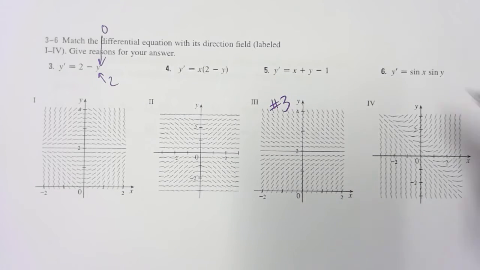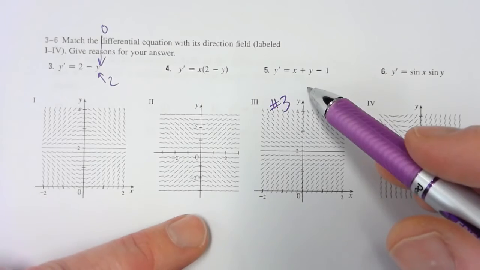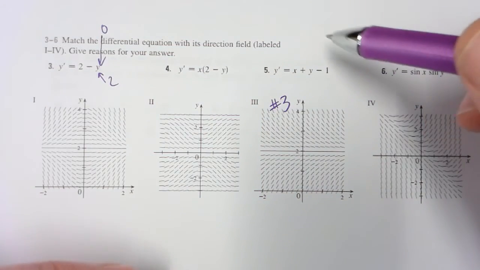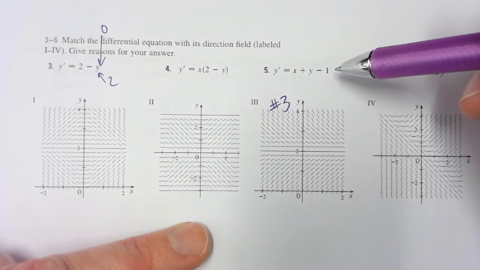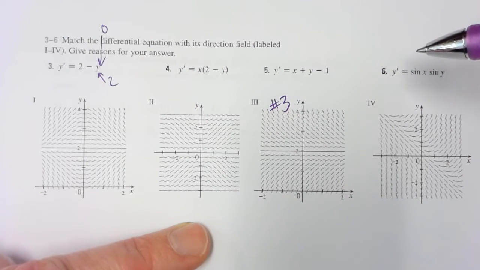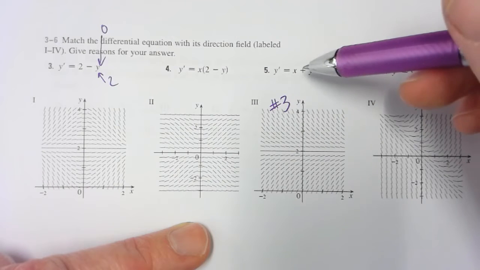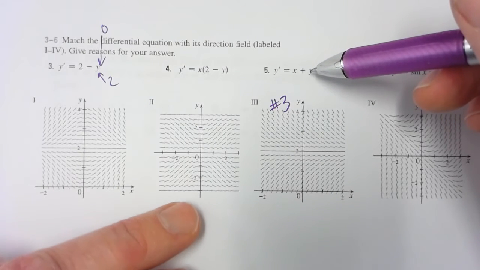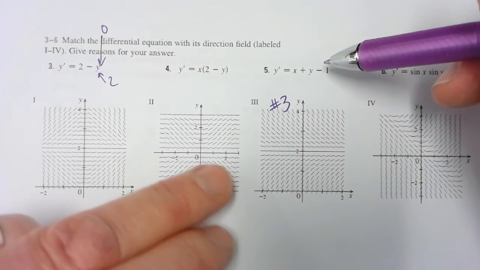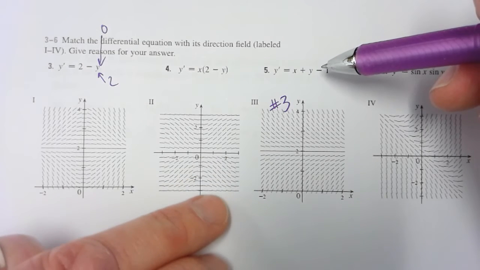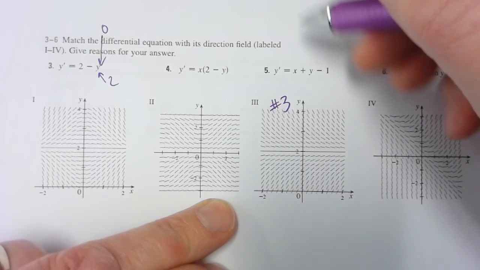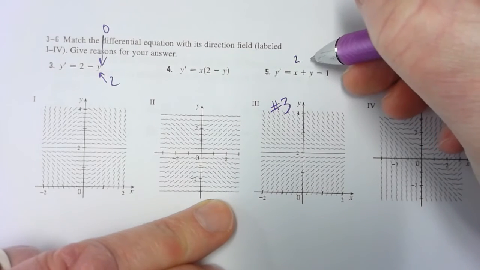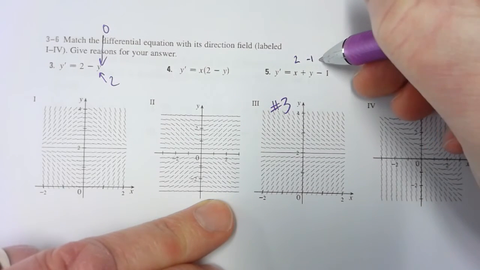Then this one here is adding x and y and then subtracting 1. So let's see. If we did 2 minus 1, it'd be 0.